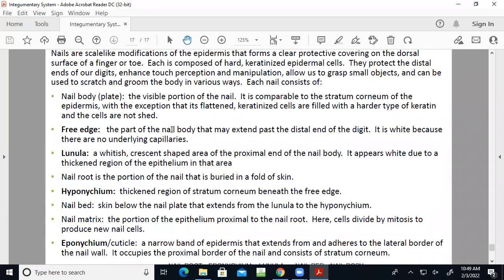We can describe nails as scale-like modifications of the epidermis that form a clear protective covering on the dorsal or posterior surface of a finger or toe.